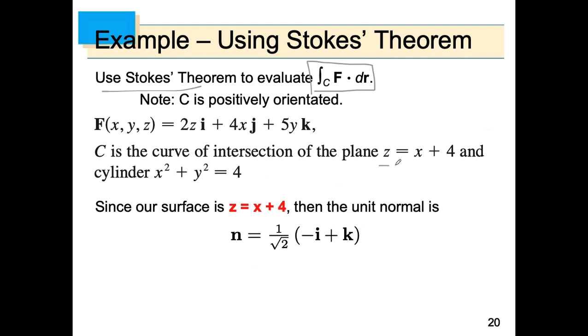In this particular case, our plane we're talking about here is x plus 4. And since this is our plane, then the unit normal is going to be 1 over rad 2, which is pretty obvious, of negative i plus k.